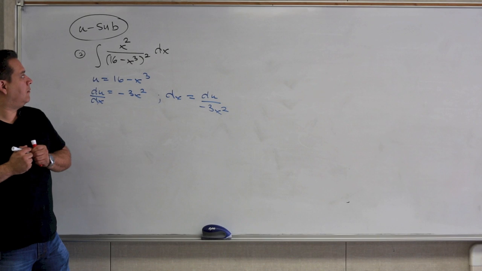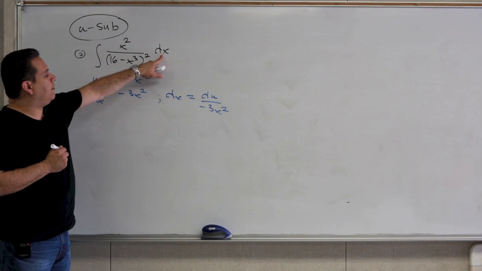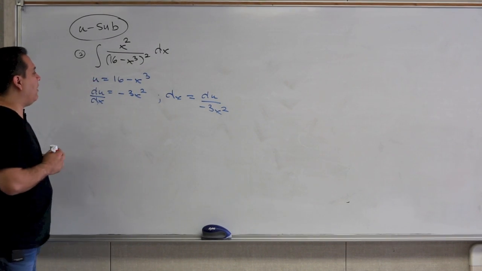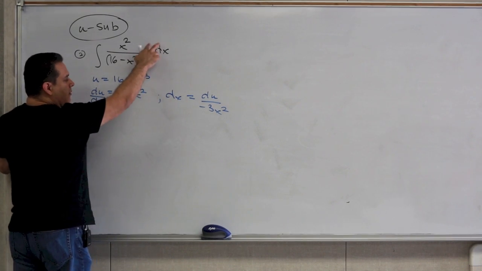Is that okay? Oh, well, hold on. You're saying x squared dx is negative 1 over 3 times du, and it cancels out. I think what you're doing is you're solving for x squared dx, right?